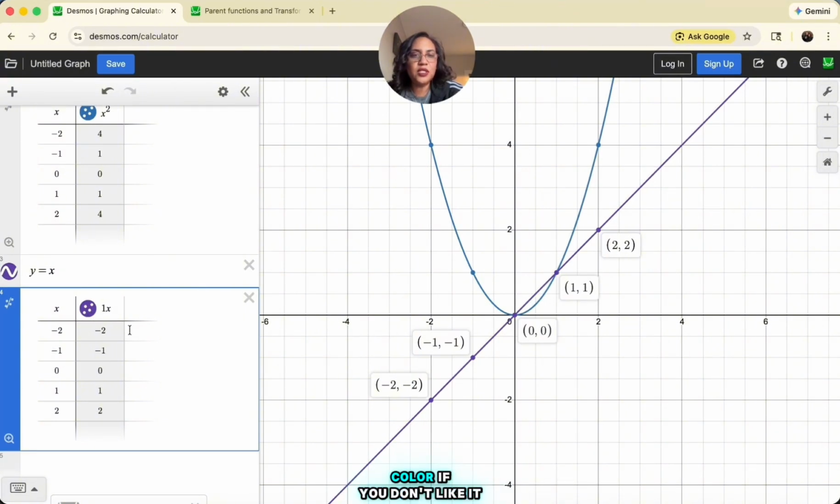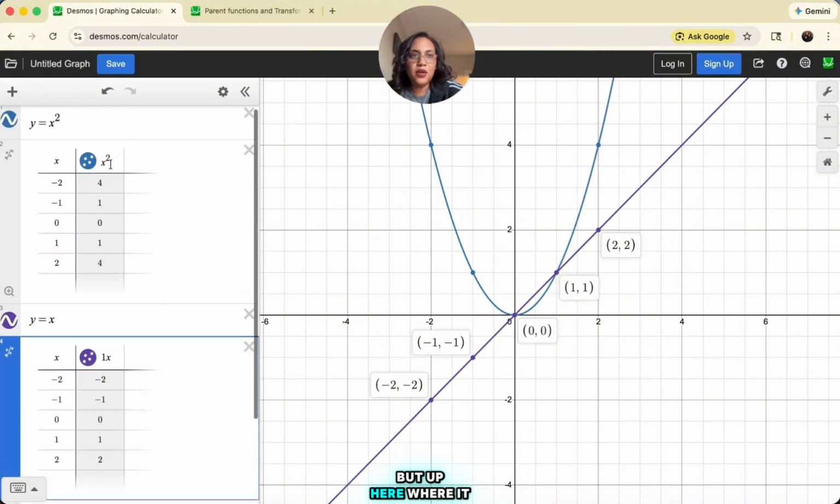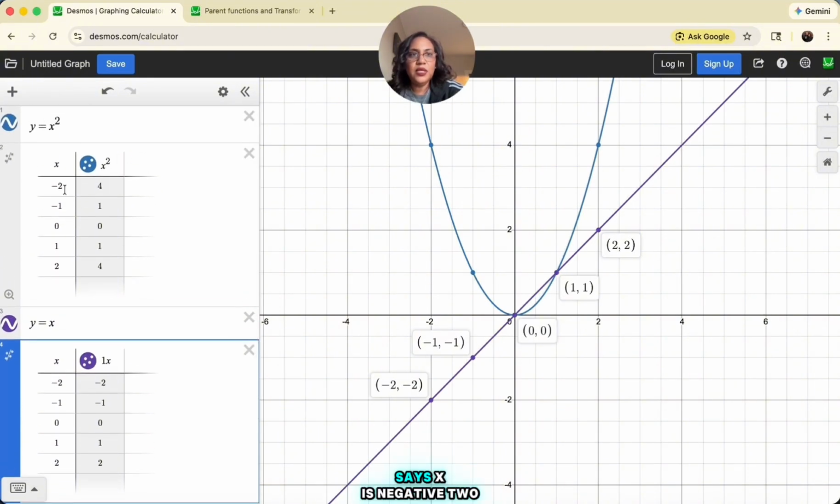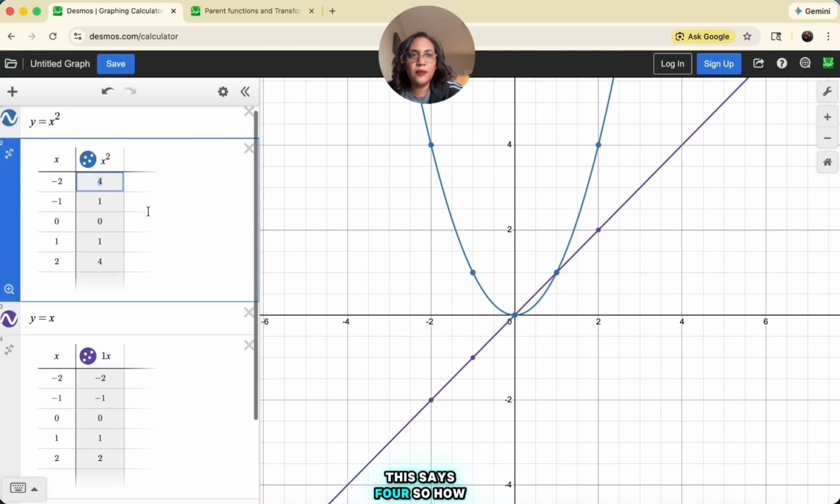And remember, you can change the color if you don't like it. But notice the difference: here x is -2 and the y value is also -2, but up here, where x is -2, this says 4.